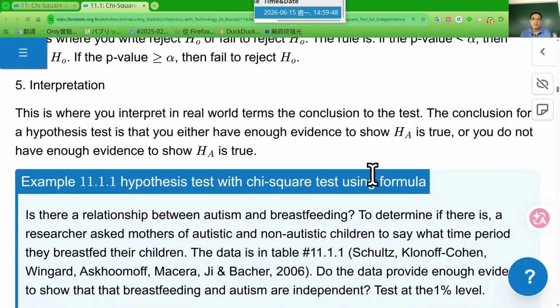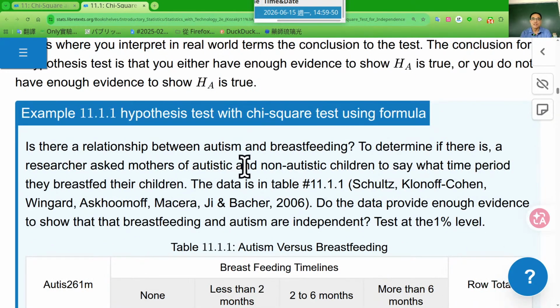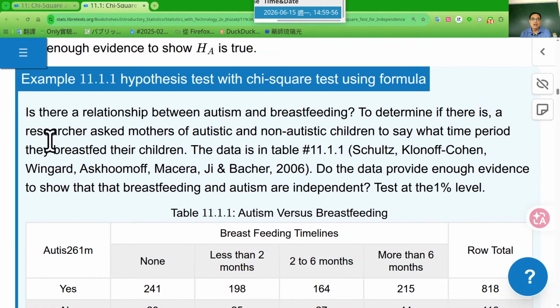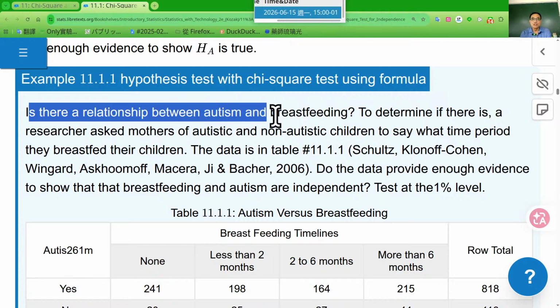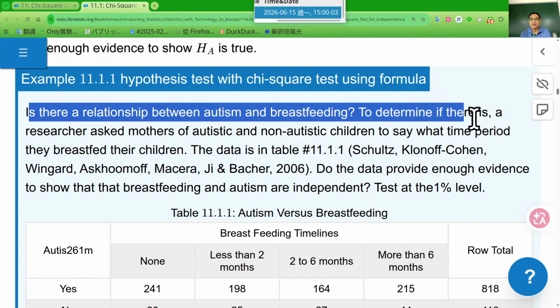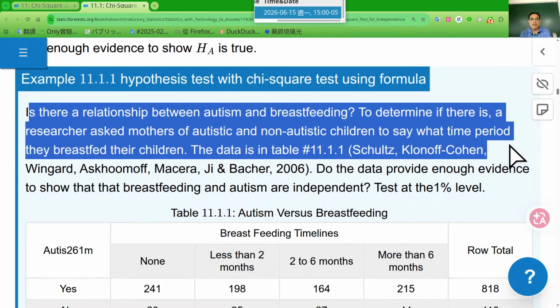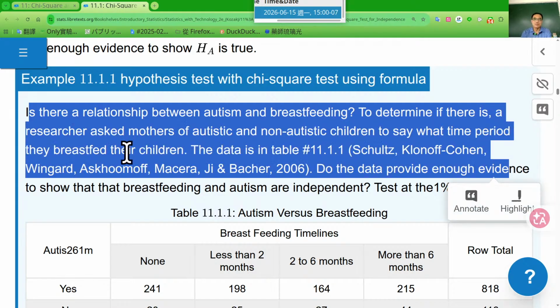Example 11.1.1. Hypothesis test with chi-square using the formula. Is there a relationship between autism and breastfeeding? To determine if there is, a researcher asked the mothers of autistic and non-autistic children what time period they breastfed their children.